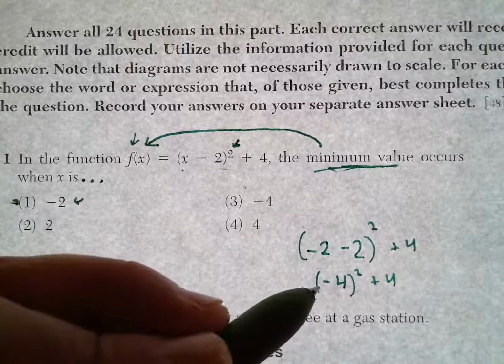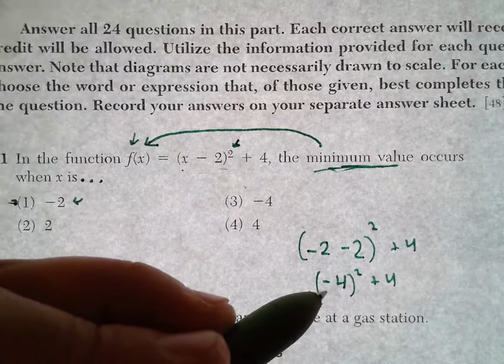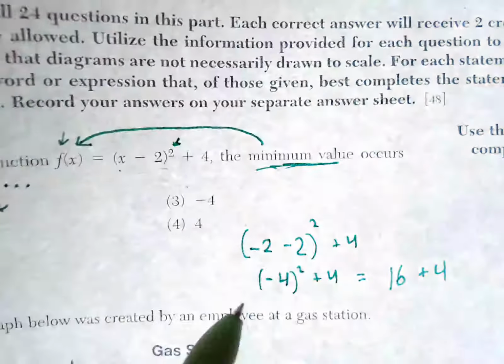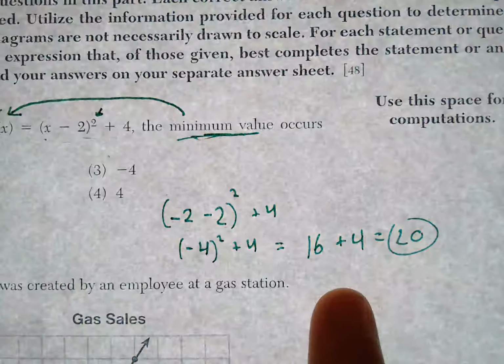Negative 4 squared means negative 4 times negative 4, and a negative times a negative becomes a positive. So this becomes 16 plus 4, which gets me 20 as my answer for number 1.